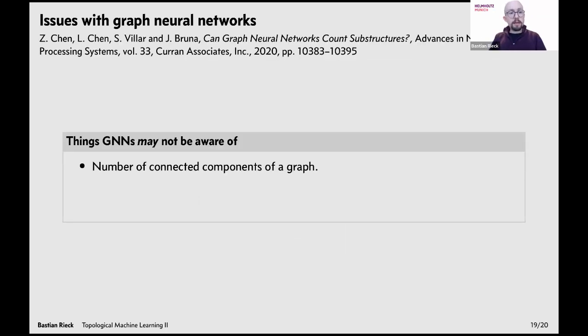There are also other things that are problematic in the GCN realm. For instance, my colleagues Chen and co-authors have a paper on can graph neural networks count substructures.